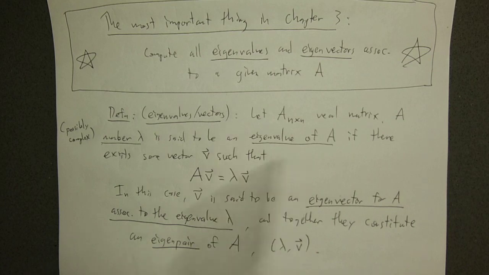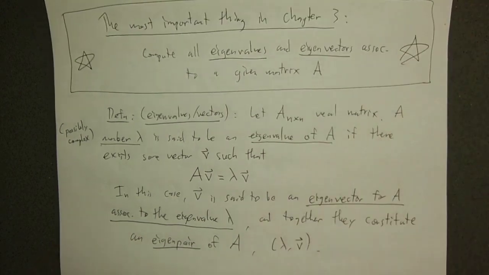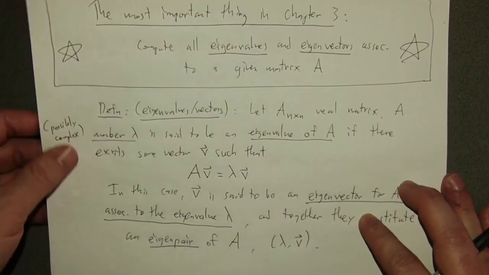The lambda is the eigenvalue. Together they form a pair, eigenvalue, eigenvector, lambda v. That's called an eigenpair. Theoretically, you don't need to understand intuitively what an eigenvalue eigenvector pair is doing. You just need to know how to find them.